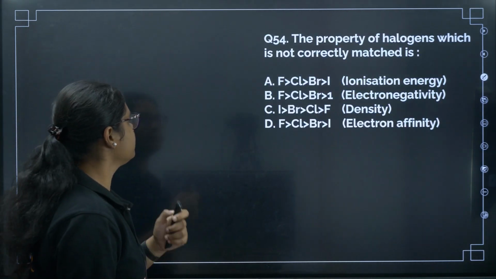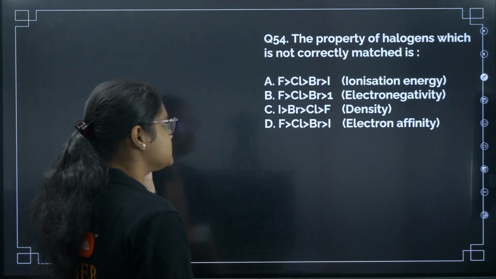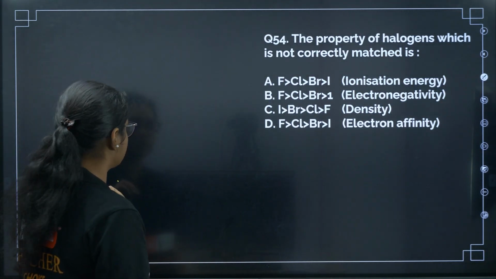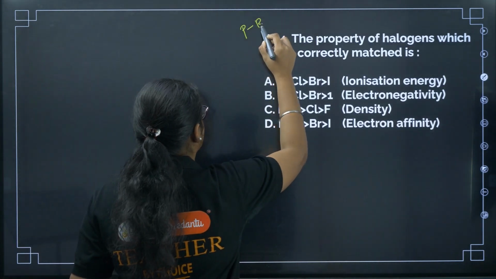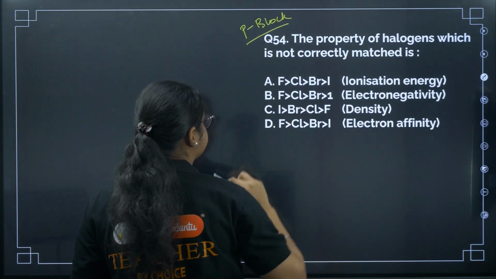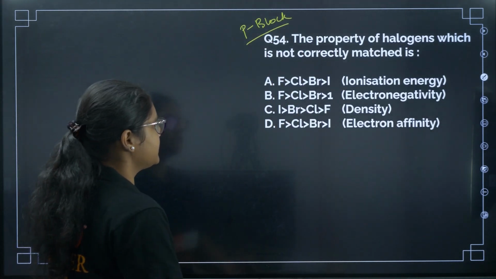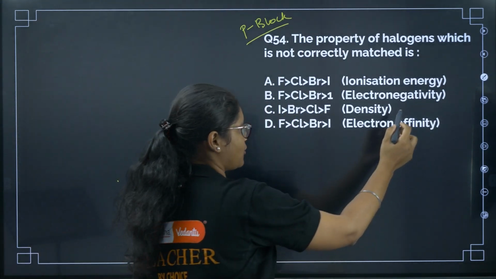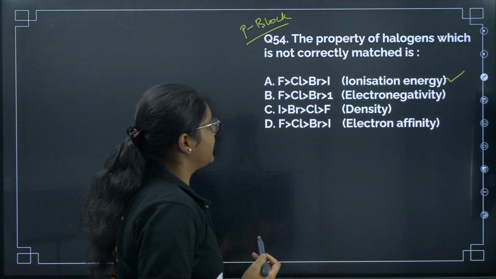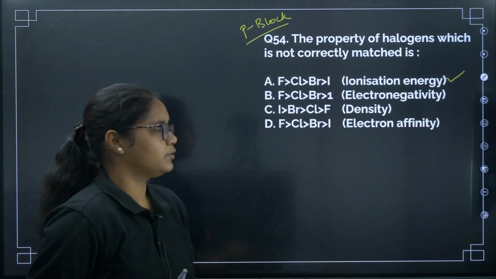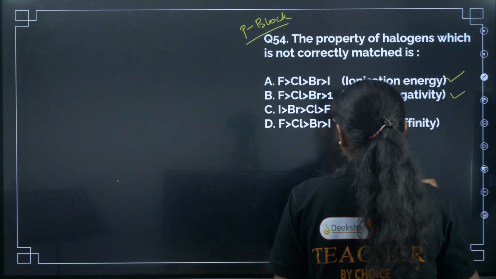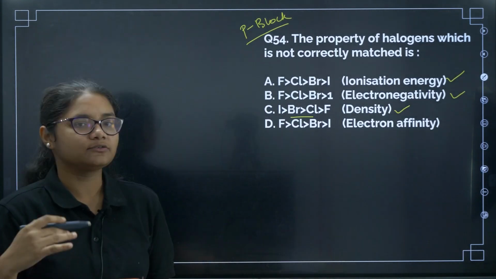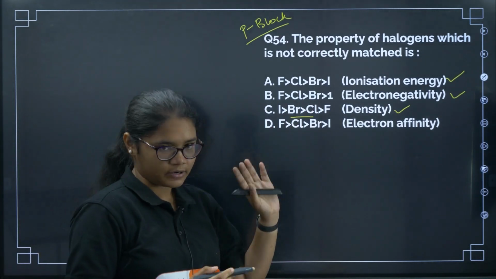Very easy question. Next, the property of halogens which is not correctly matched is, okay, so again we have come from the P block, a general properties question. So ionization energy: as we go down the group, the ionization energy will decrease, so this property is given correct. Then electronegativity, again down the group, electronegativity will decrease, so this is also correct. The density, yes, as we go down the group, mass increases, so density also increases, so the order is correct.